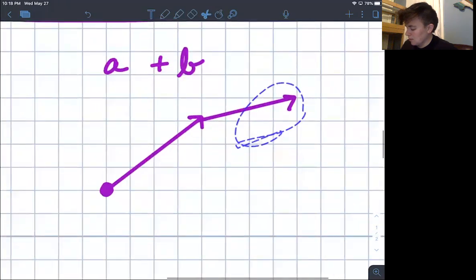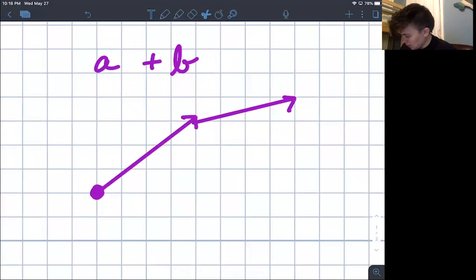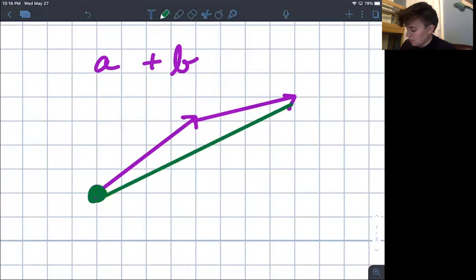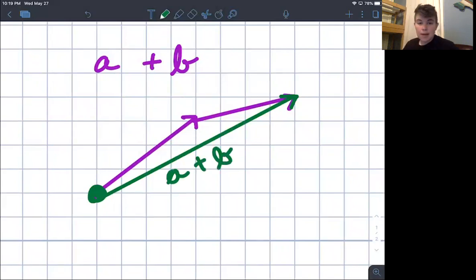Then you connect the original with the new end, and that green vector right there is A plus B.